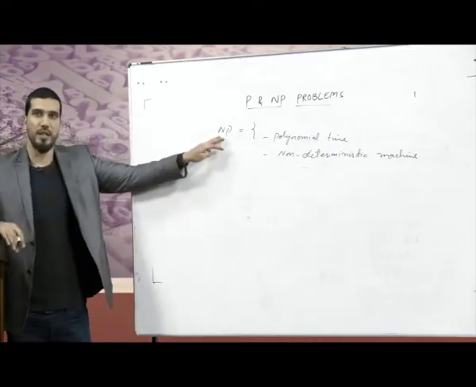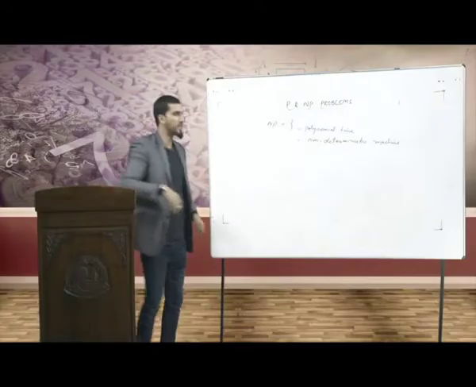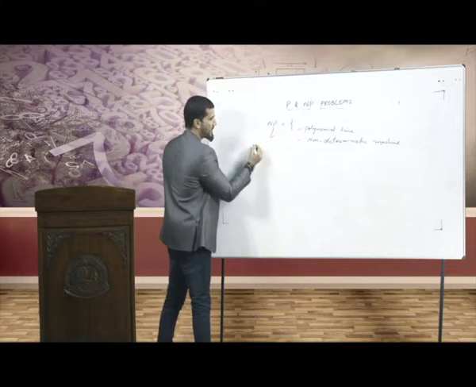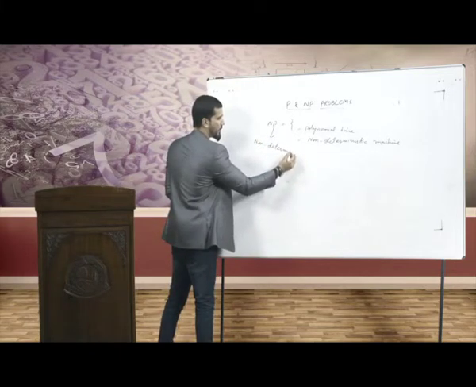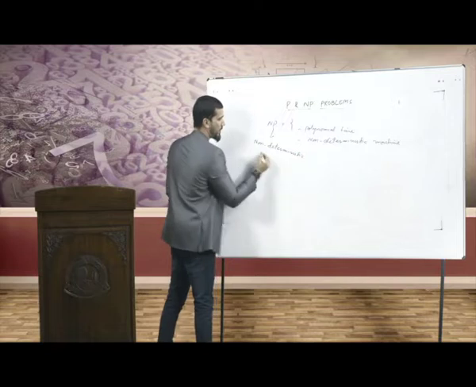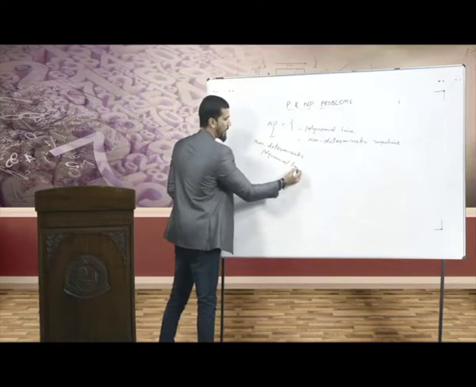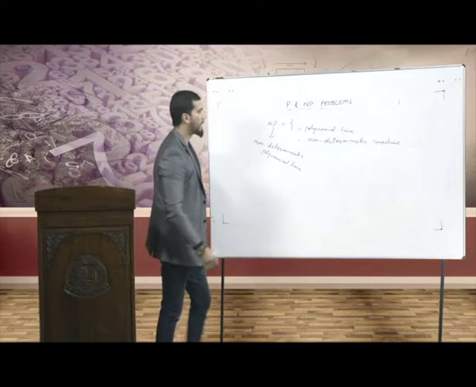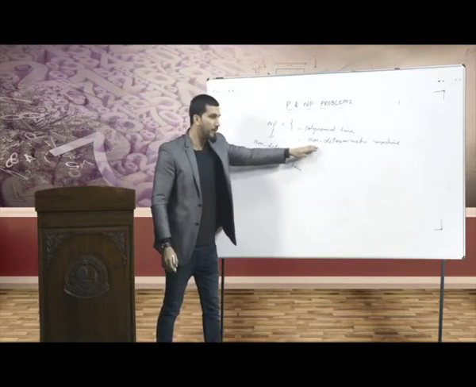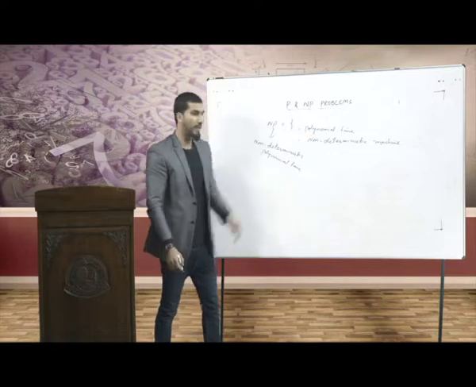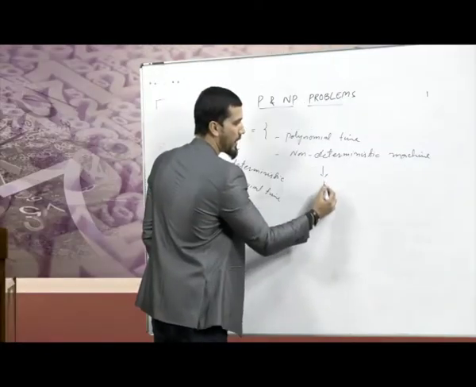NP doesn't mean non-polynomial time. You should understand this. NP means non-deterministic polynomial time. But how do we solve these problems? We solve them on a non-deterministic machine using polynomial time and using a Lucky algorithm.